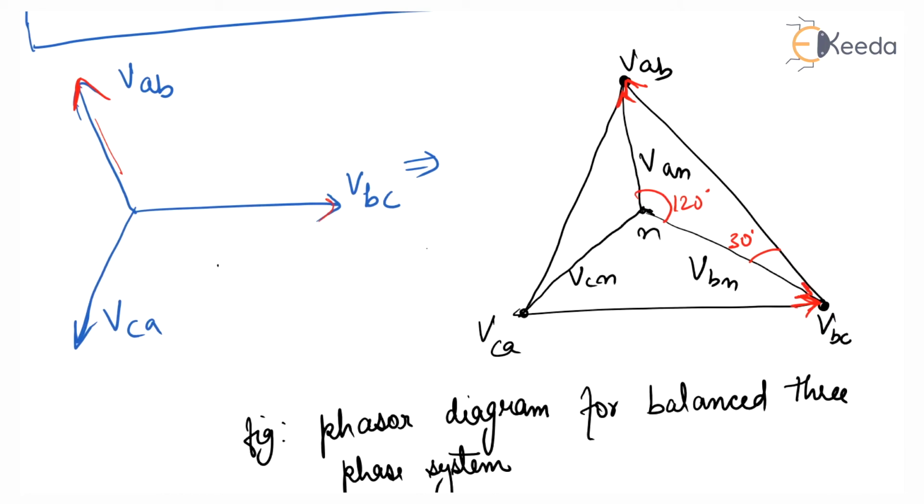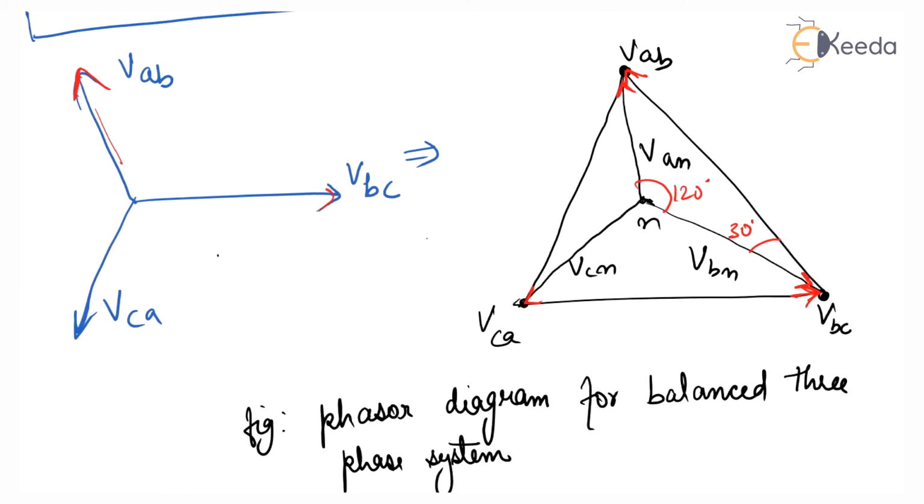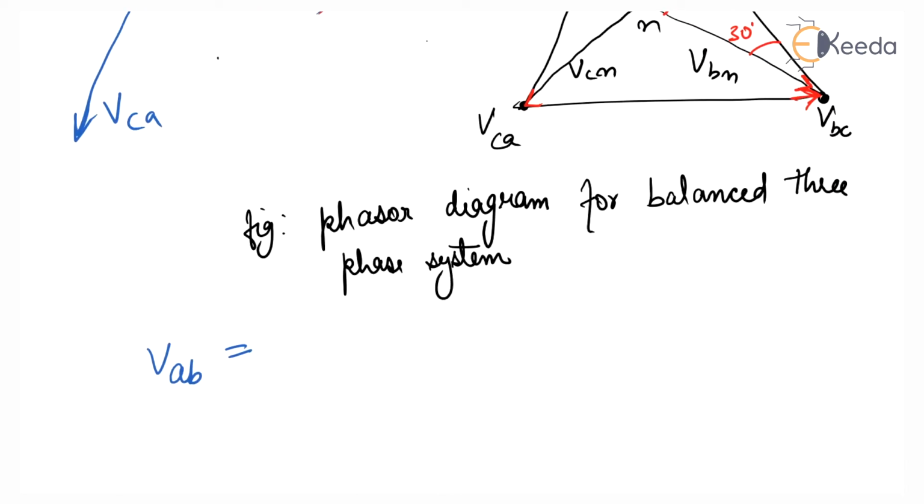And VCA direction is this, and the same for VCN. So from this figure, VAB is equal to VAN in the same direction and minus VBN, because VBN is in the opposite direction. So VAB is equal to VAN minus VBN.